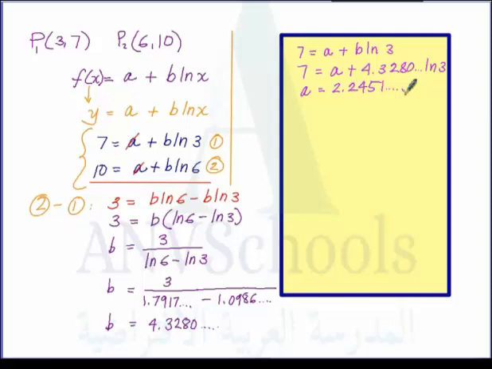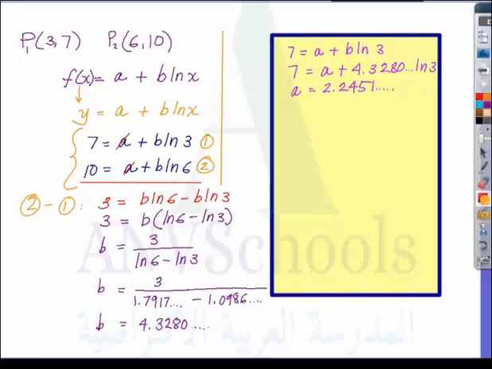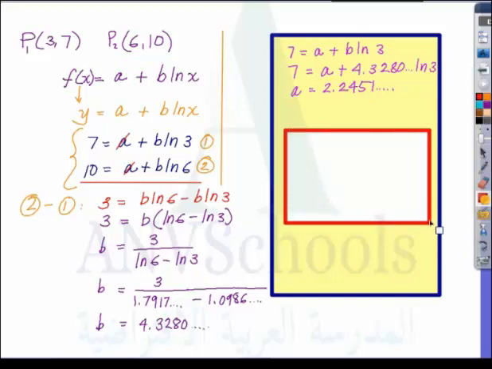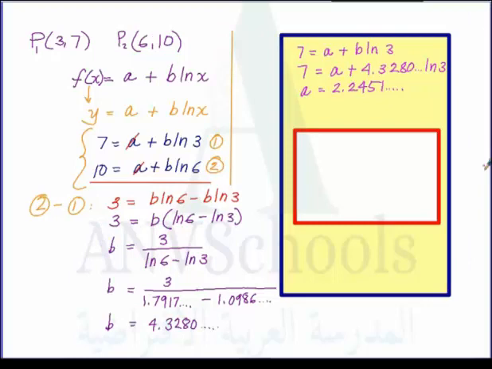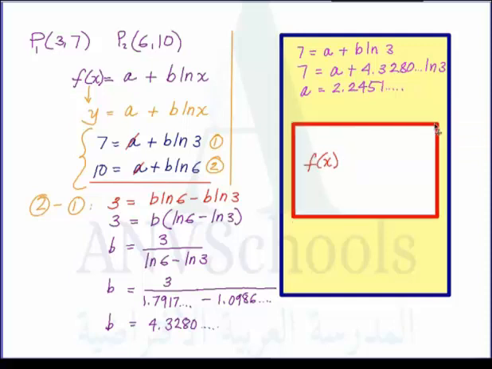Therefore, the equation for my logarithmic function would be, what is my equation? We have f of x is equal to, my a is 2.2451 and my b is 4.3280.